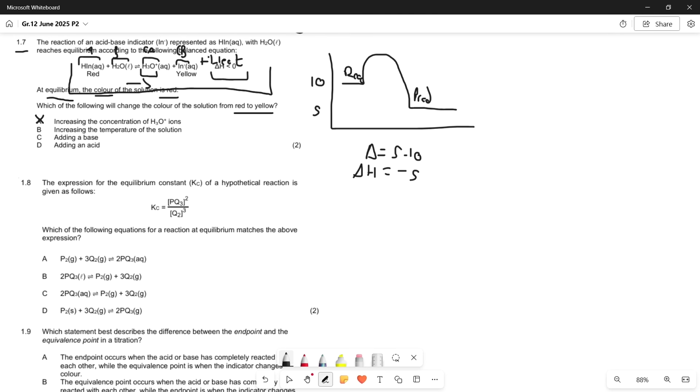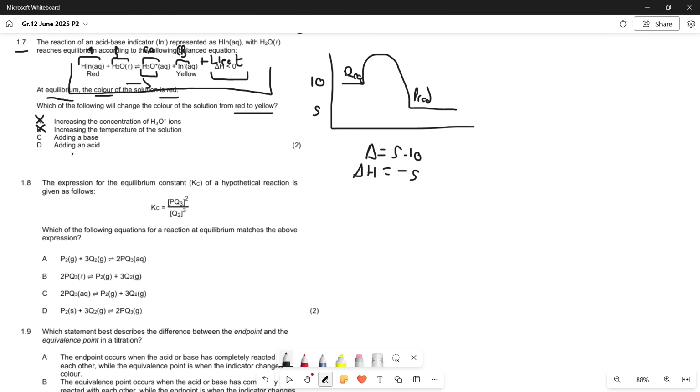And therefore, just like we treated our H3O plus, too much heat means it's going to move to the other side in order to balance out this whole seesaw, this whole chemical equilibrium, which means that if we do increase the temperature of the solution, we add more heat, it favors the reverse reaction and we turn more red, which means that isn't what we want as well. We want to go from red to yellow, and if we increase the temperature, we are making this become more red.